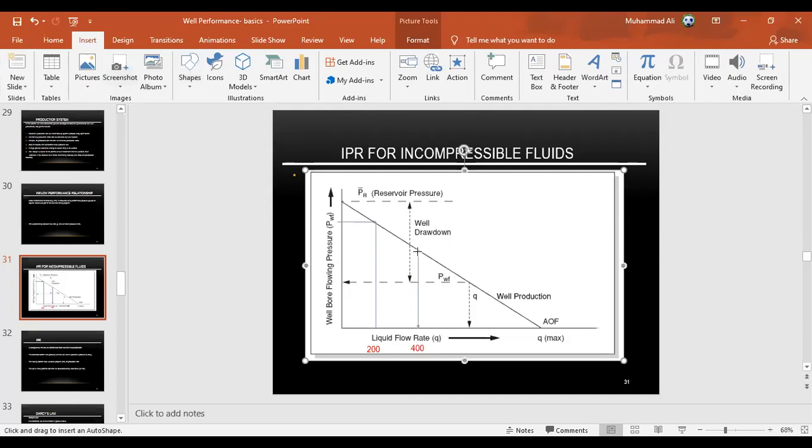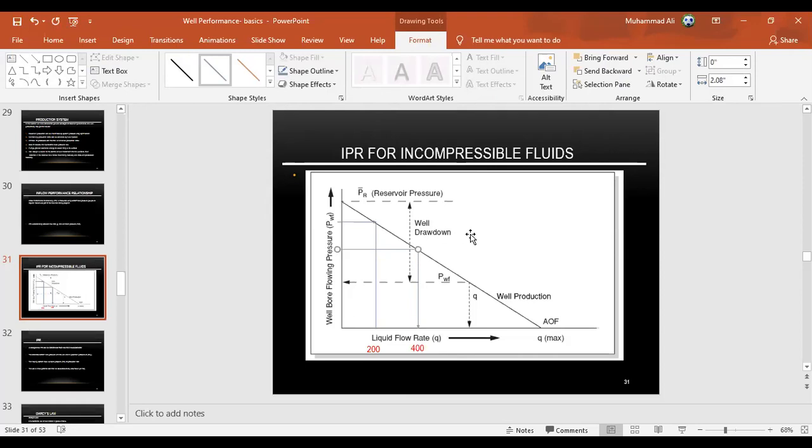Sir, one question. When the pressure decreases, don't we use the enhancement recovery methods? Yes, we use the EOR methods or artificial lift when the well stops producing at the surface. In this case, we are still producing 400 barrels. When it becomes zero, for example, at this point.